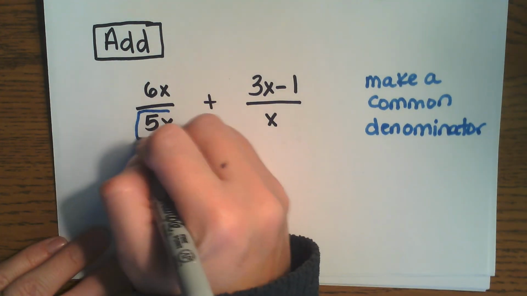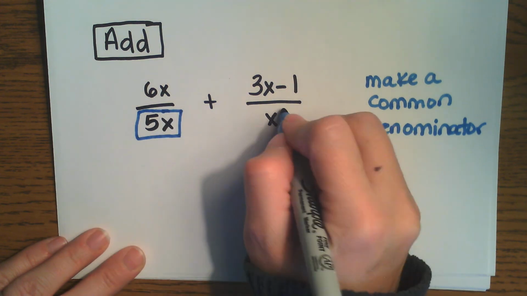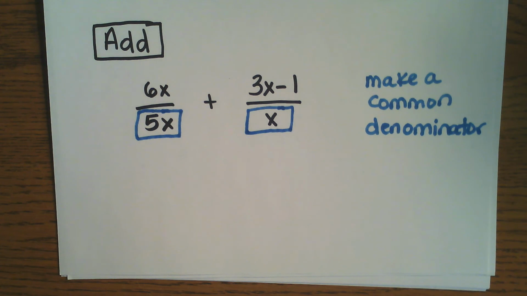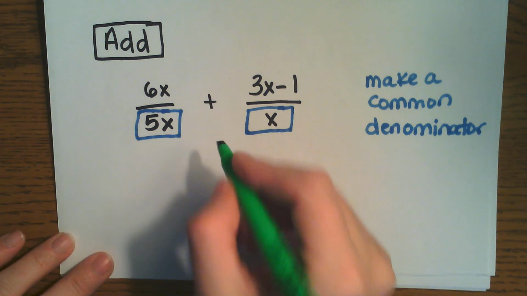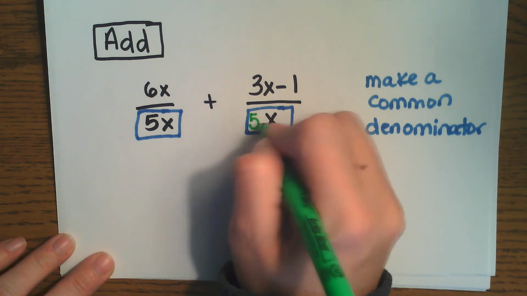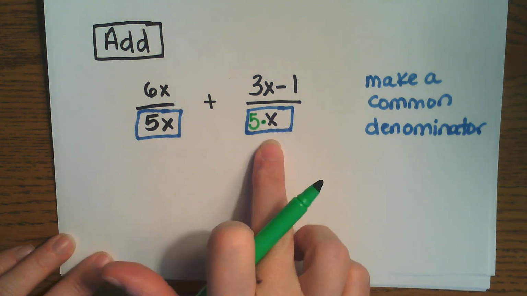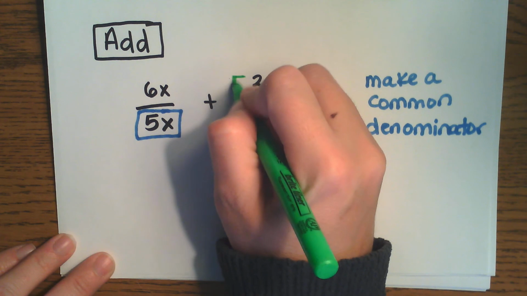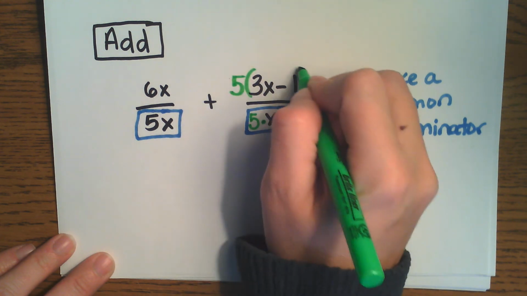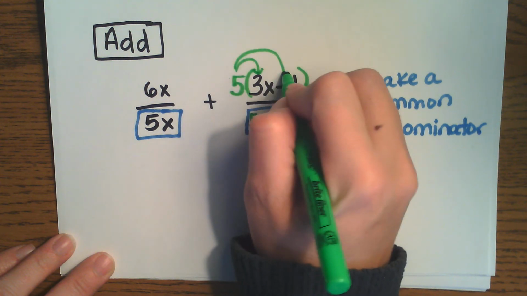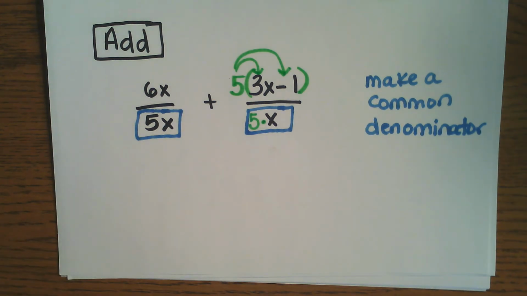On this side I've got 5x, and on this side I just have x. So we're going to multiply a 5 to this fraction in order to make those match. And whatever I do to the bottom, I must do to the top, keeping in mind that I will have to distribute that 5 to both of those terms.